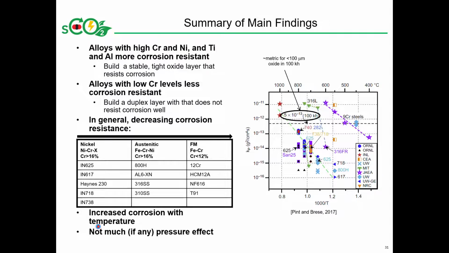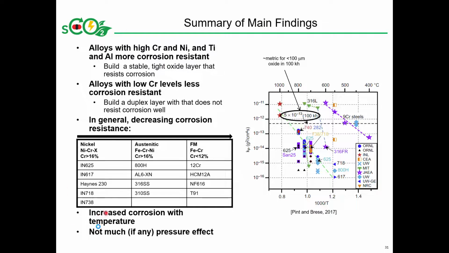And then again, to summarize the main findings here, alloys with high chromium and nickel, and depending on the conditions, titanium and aluminum, are more corrosion resistant because they build a stable, tight oxide layer that resists corrosion. Alloys with lower chromium levels are less corrosion resistant, and we typically see duplex layers or duplex corrosion scales in those alloys that don't resist corrosion as well.